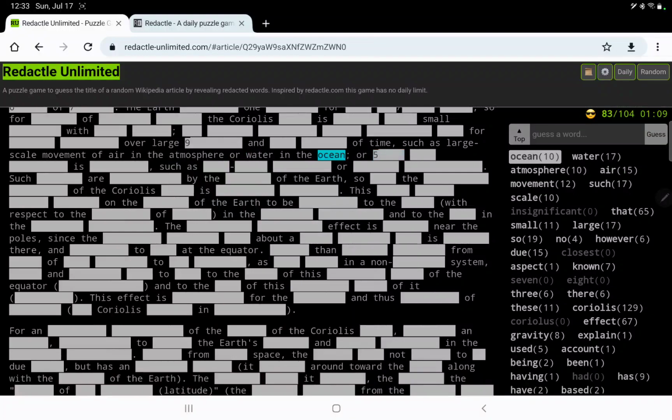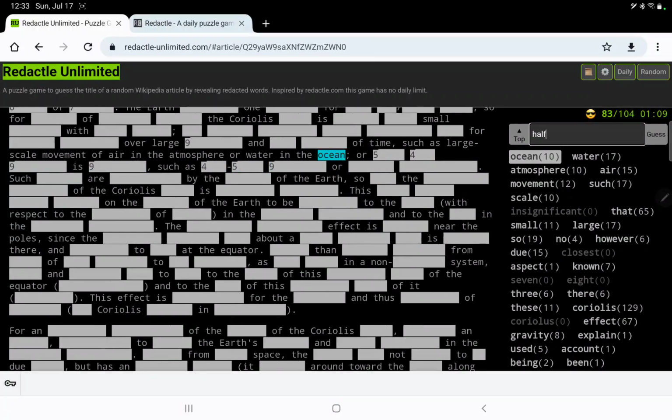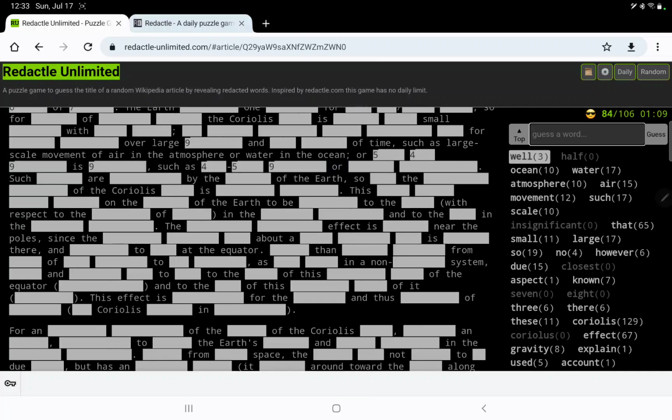Oh, that's good. Are 5, 4, 9 is 9, such as half, well, self. What are the other 4-letter prefixes?